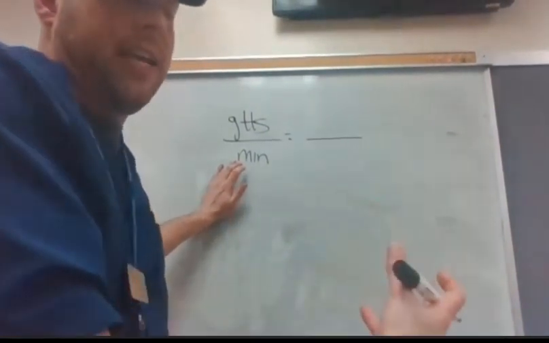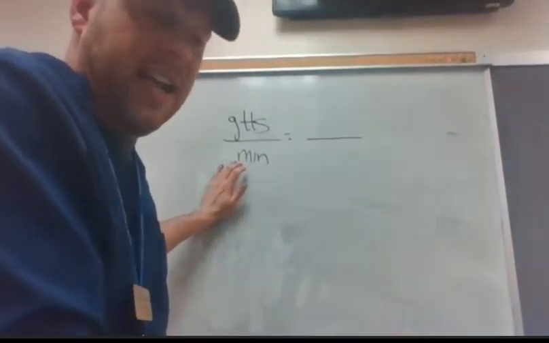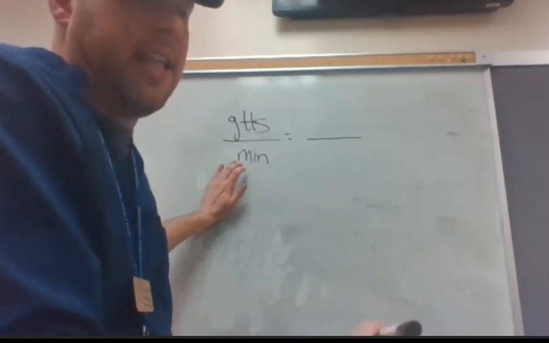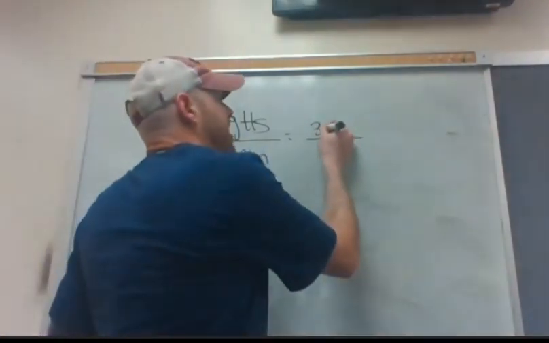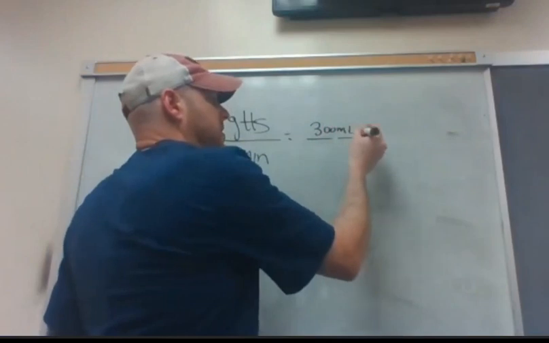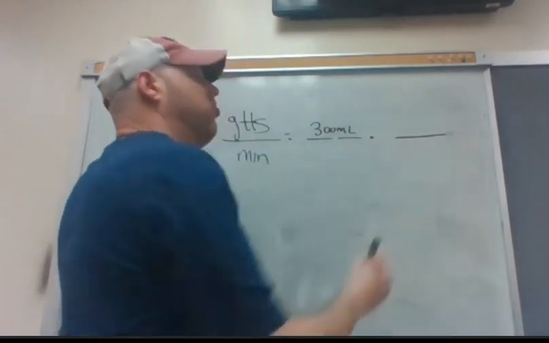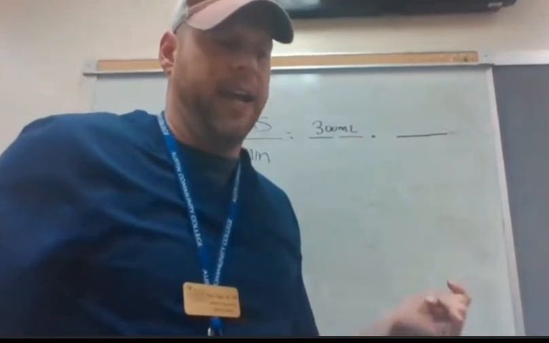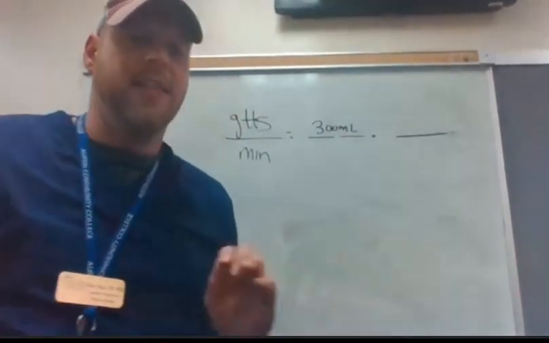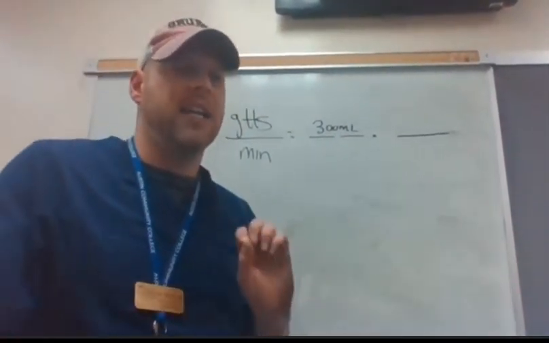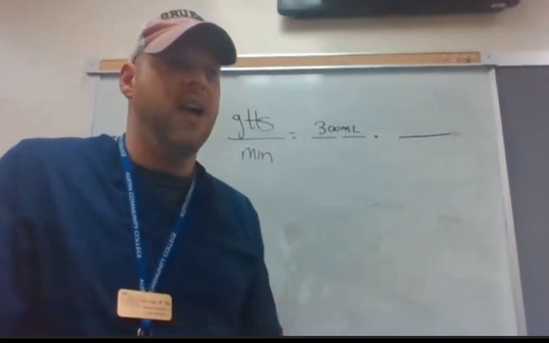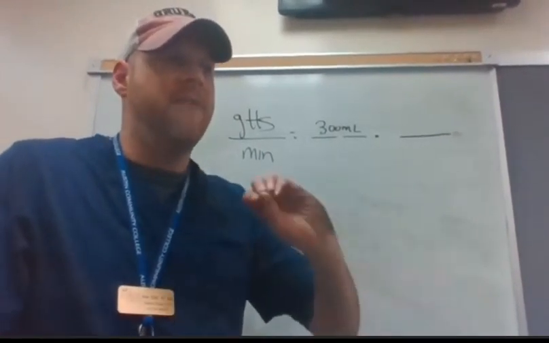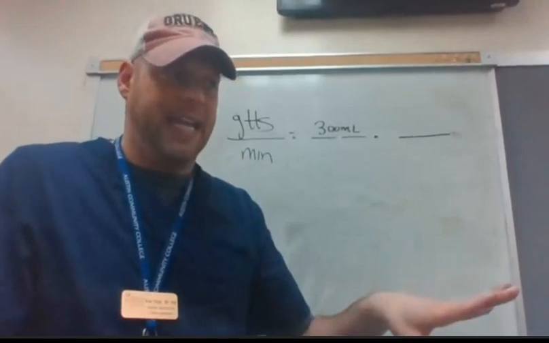First number is my milliliters. How much fluid in milliliters is listed in that problem? It's 300 milliliters, correct? And this is drops per minute, which means I need the tubing. However, this question did not give you tubing, whether it was 10, 15, 20.